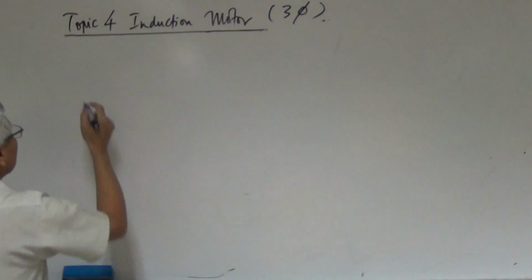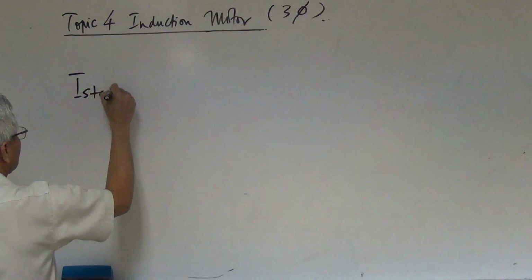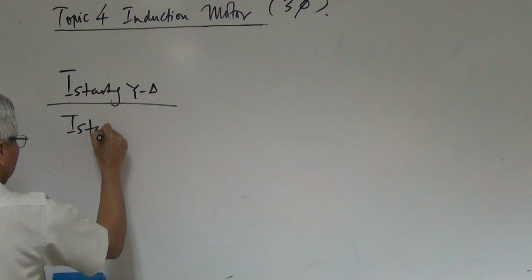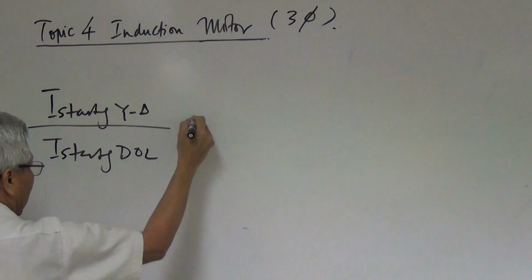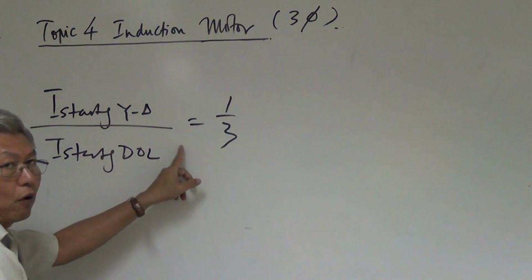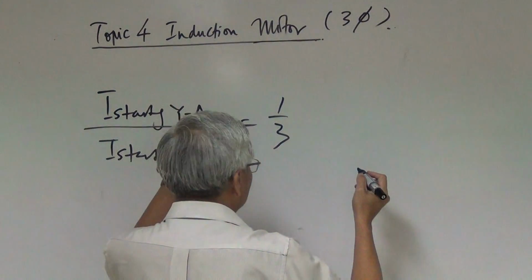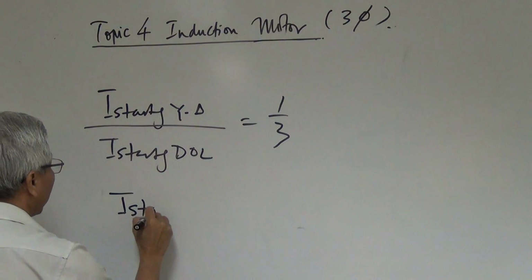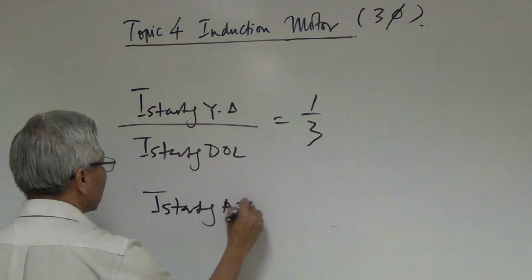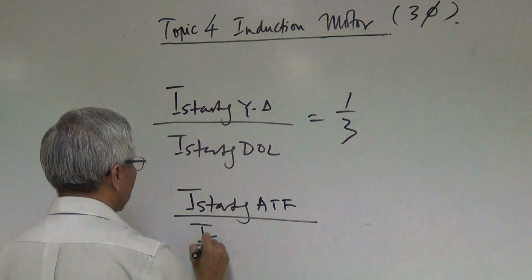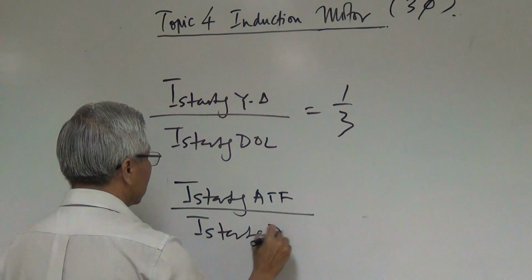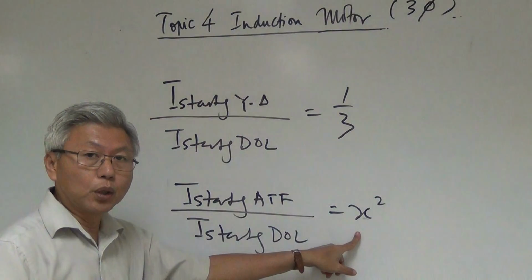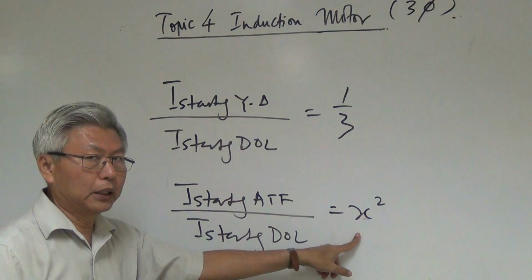It says the starting current, if you were to use the star-delta method, versus the old starting current, which is called DOL, is equal to 1/3. This is for the star-delta method. Whereas if you use the auto transformer method, versus the original starting current, is equal to x squared. What is x? It's the tapping ratio of the transformer.